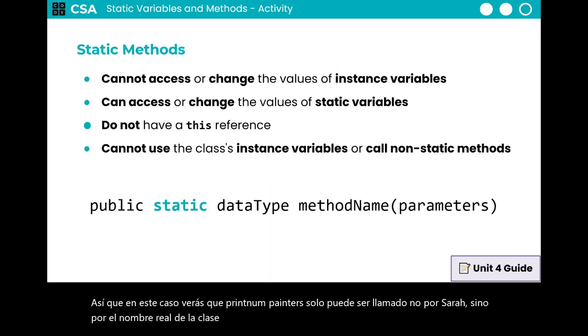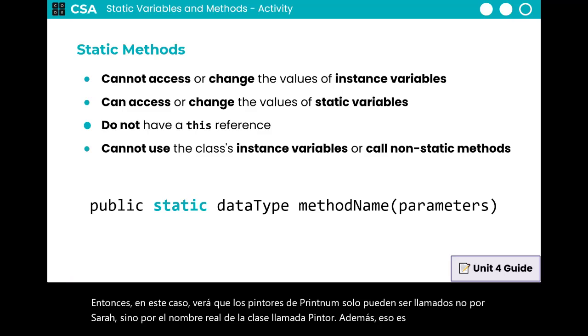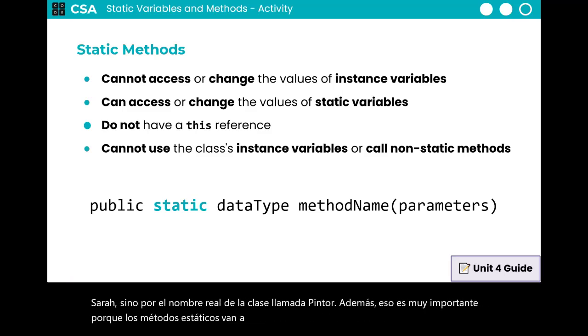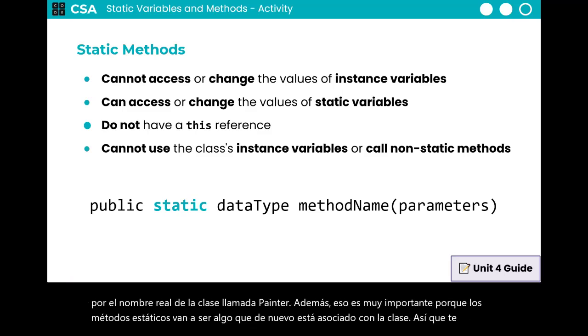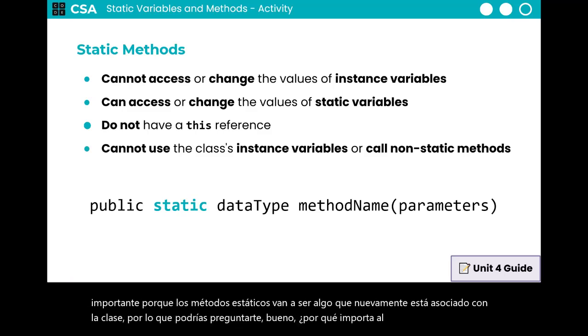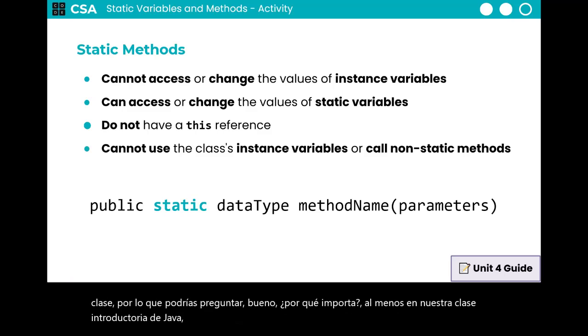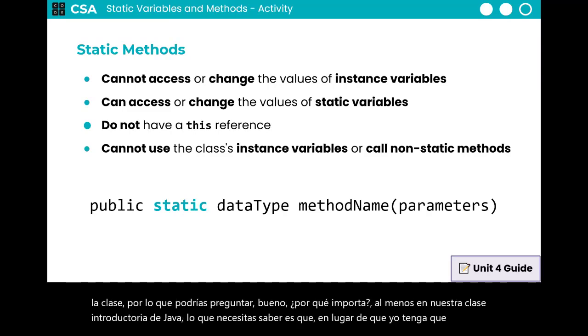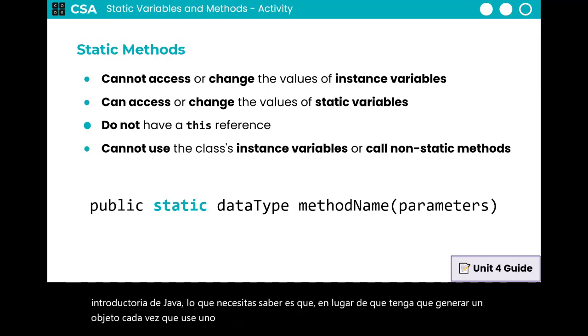That's really important because static methods are associated with the class. So you might ask, why does it matter? At least in our introductory Java class, what you need to know is that rather than having to spawn an object every time to use one of these methods, I don't need to do that anymore.